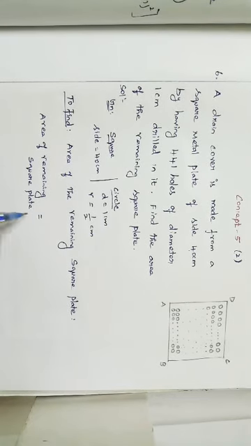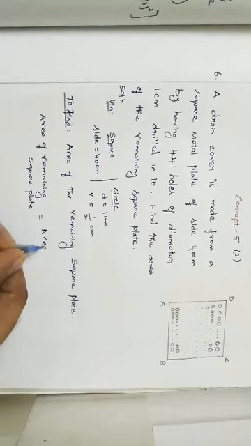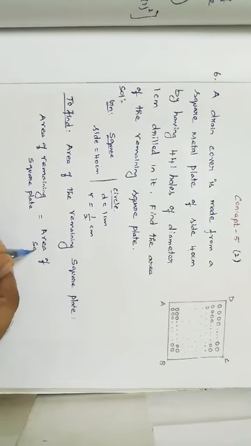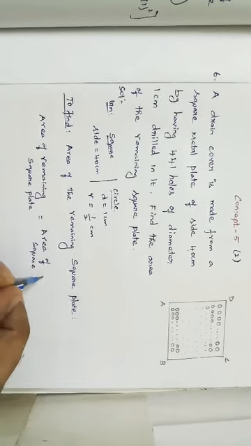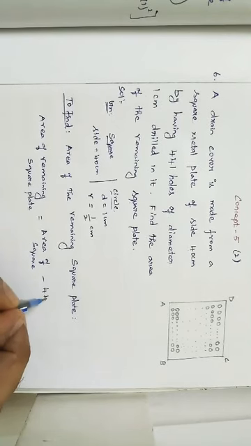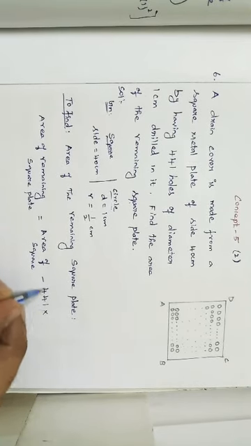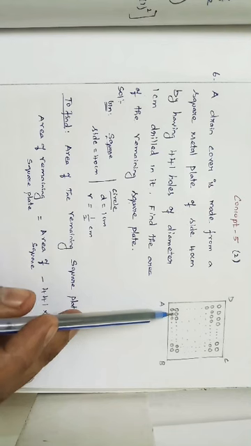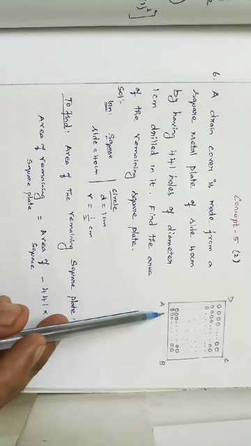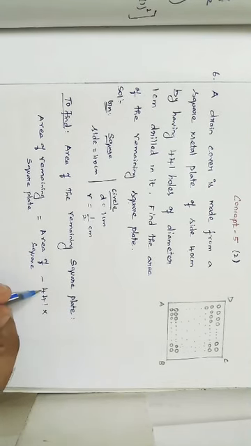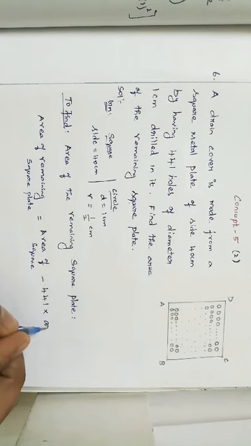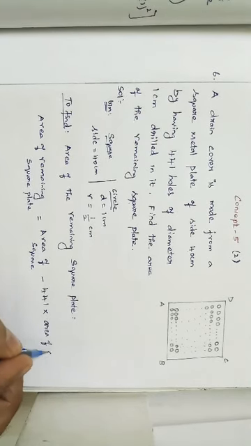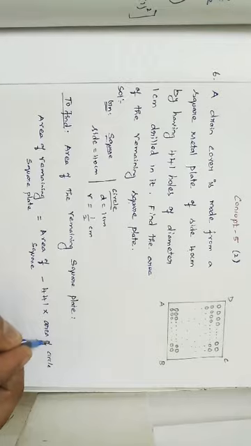So area of remaining square plate is nothing but area of square minus 441 into area of circle. 441 holes are there.